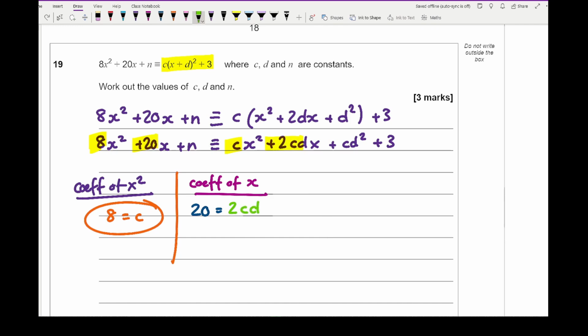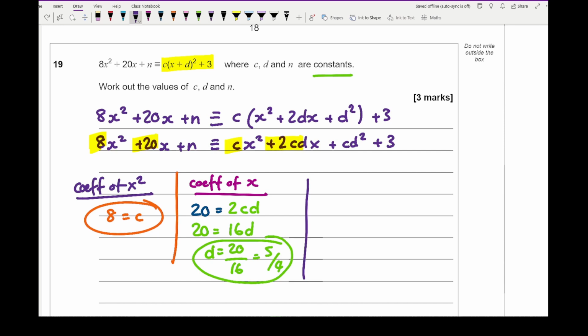Now I know that c equals 8, so 20 equals 16d, so d is going to equal 20 over 16, which is 5 over 4. So that's my d value. It doesn't say that d is an integer, it just says it's a constant, so I'll accept it for what it is.